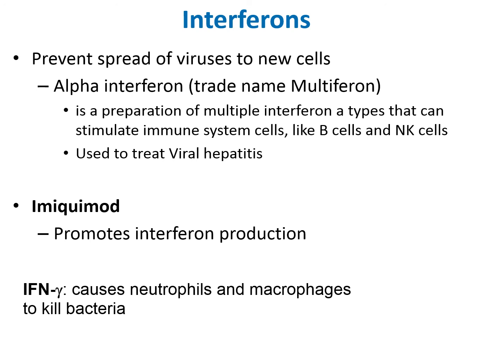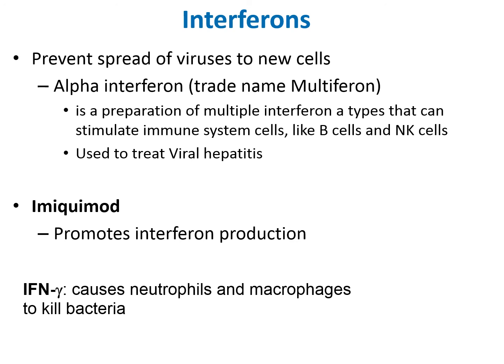Now, interferon alpha has been extracted from human blood and purified, and you can purchase it. It's a drug called Multiferon, and it's used to treat viral hepatitis patients. Basically, it's a preparation of multiple types of interferon alpha, and it can stimulate immune system cells like B cells and natural killer cells so that they will target the hepatitis viruses.